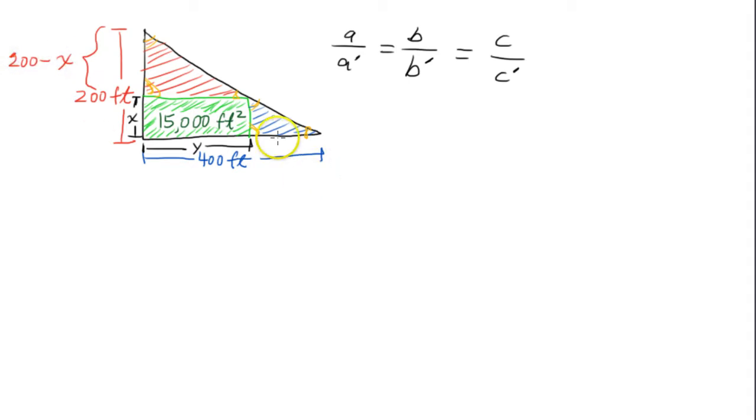Down here, this length of this triangle leg is going to be the 400 feet total minus the y that is cut out from this rectangle. Okay, we're getting somewhere. Now let's take a look at the lengths of the other legs of the triangles.